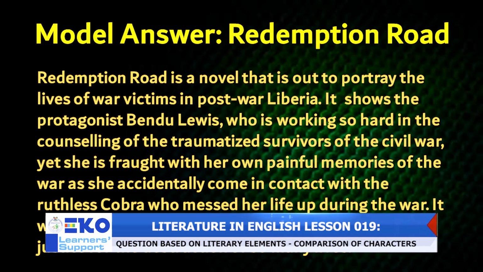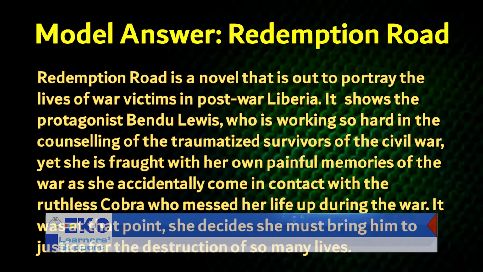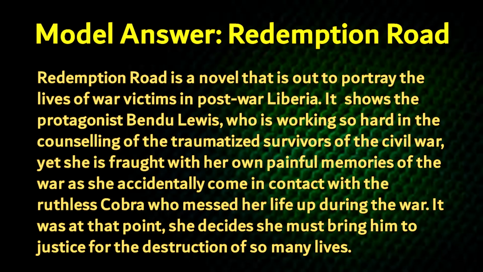Yet, she is fraught with her own painful memories of the war as she accidentally comes in contact with a ruthless Cobra who messed her life up during the war. It was at that point she decided she must bring him to justice for the destruction of so many lives.